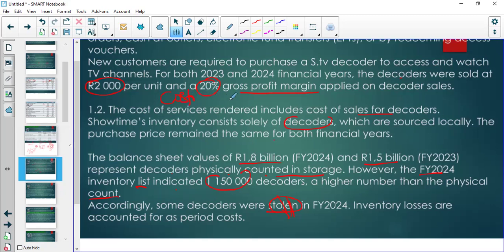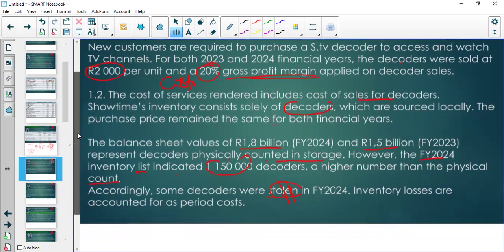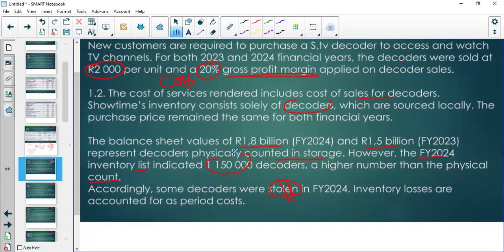Do you remember we covered the concept of margin and markup? If we sell at 2,000 Rand with a gross profit margin of 20%, it means that 80% is going to be cost of sales. So the cost of the decoder is 1,600.